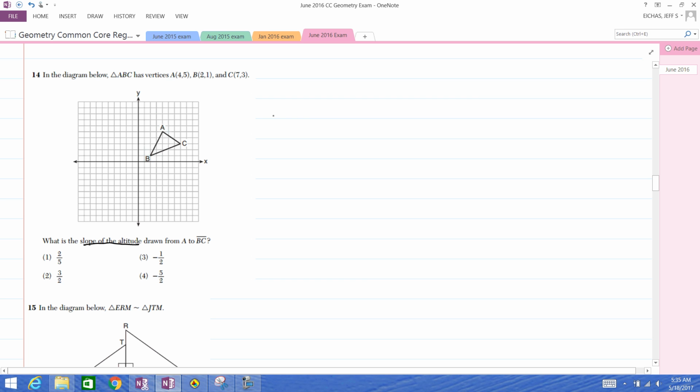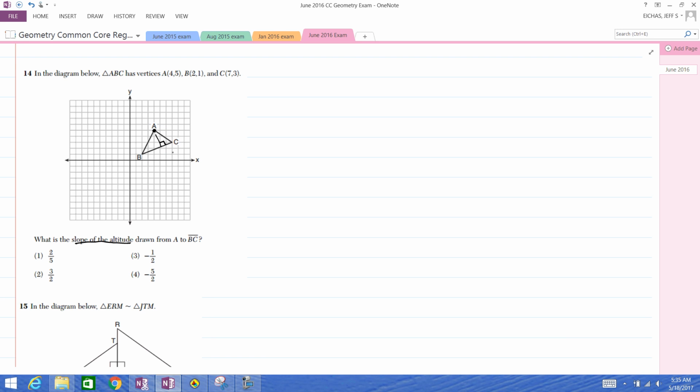The key with that is we have to move from A to BC and make a right angle. Now, it's not going to be easy. We're not going to find a nice spot for that. But all that matters is the perpendicular idea, because we want the slope of the altitude. So perpendicular, the slopes will be negative reciprocals.